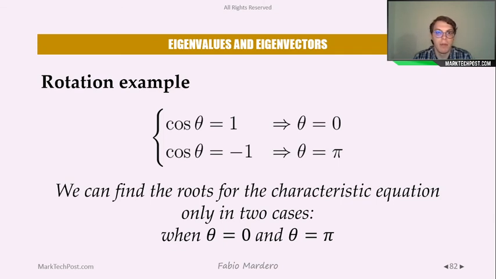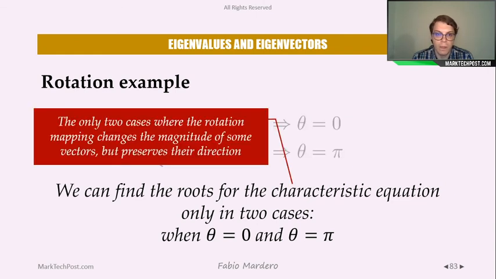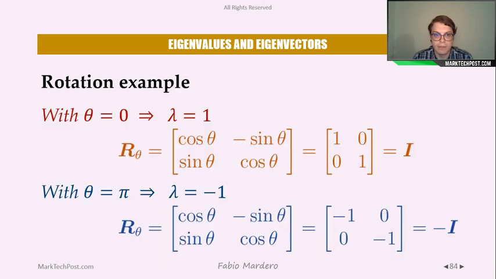If we have, for example, theta equal to half of pi, we can't find real numbers as eigenvalues. Again, in these two cases, the rotation mapping changes the magnitude of some vectors, but preserves their direction. In fact, it's the simple definition of eigenvectors.